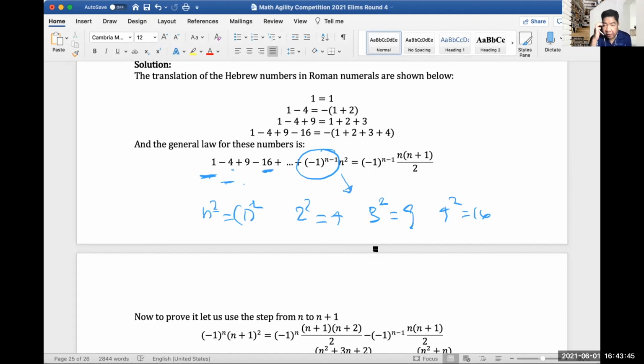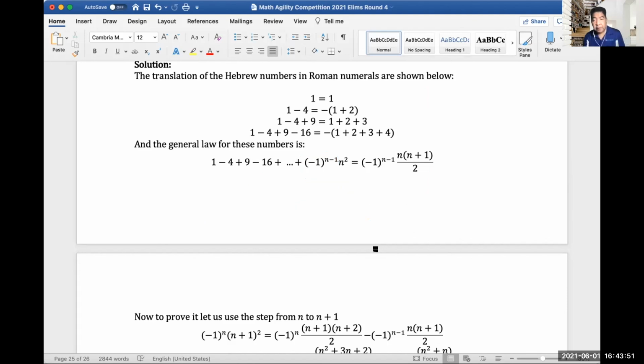And then for the right-hand side, if we use the sum of the series, we will be able to prove that the sum of the n squared series would be n quantity n plus 1 over 2. So we didn't show the computation here, but you can easily check it by solving that.